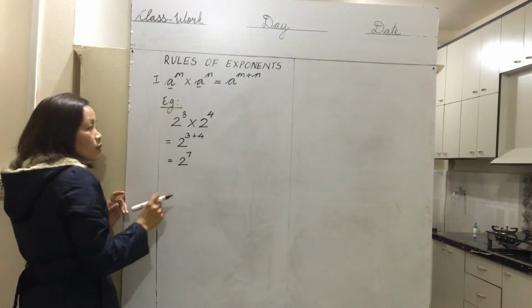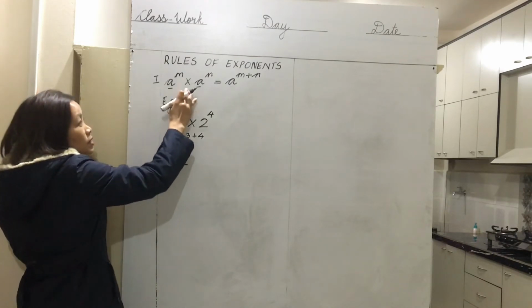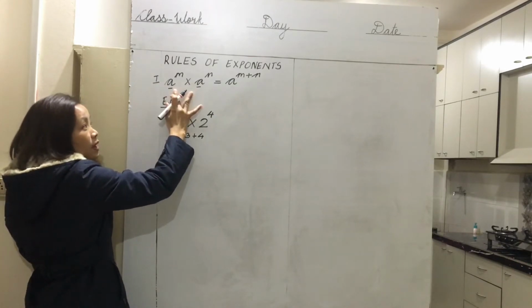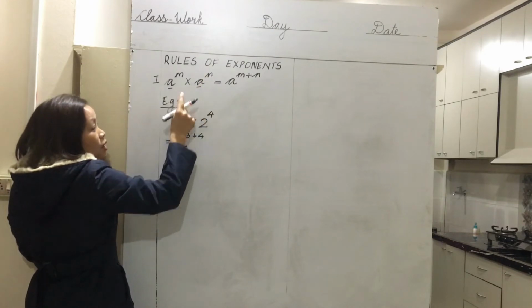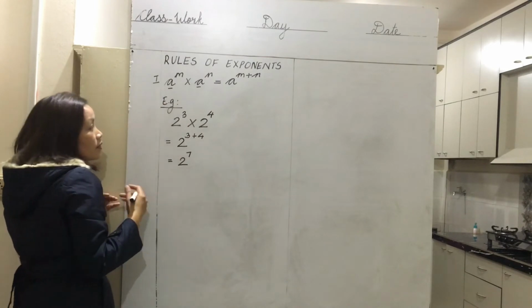So our answer will be 2 to the power 7. Right? So this means when numbers with same basis but with different powers are to be multiplied, we take the base for one time and add their powers, right? That is rule number 1.